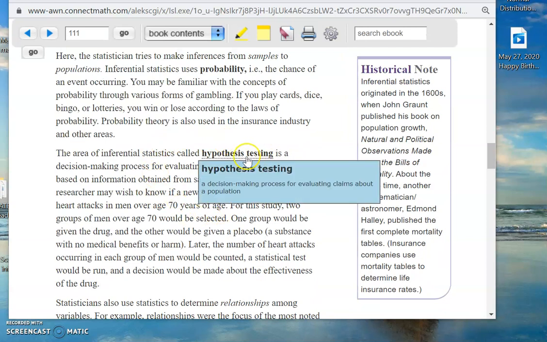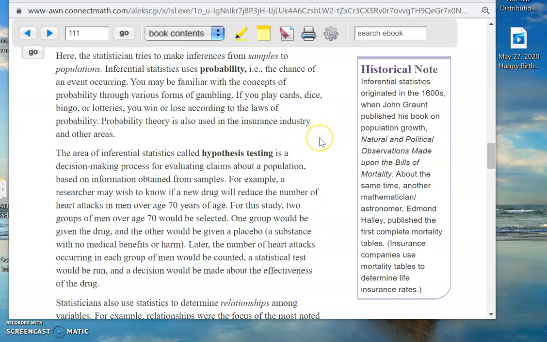Here he's talking about what's called hypothesis testing, and this is just a process for making a decision. Using the community college district as an example, you might say, I think that students who take remedial math do a better job in statistics.